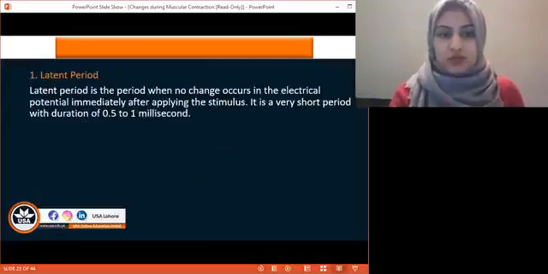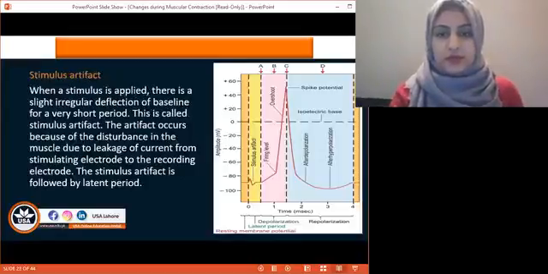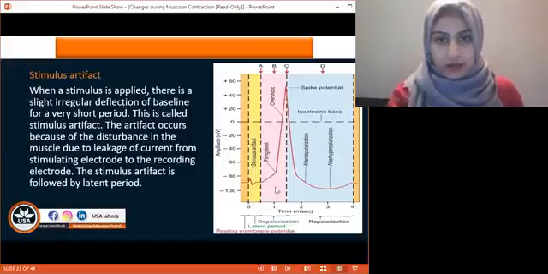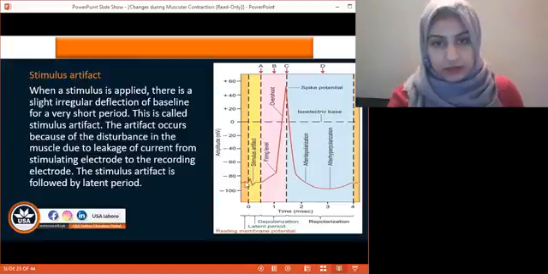First of all, we need to have a look at this curve. This curve is known as the action potential curve of a skeletal muscle. What you see over here, this is minus 90 millivolts.